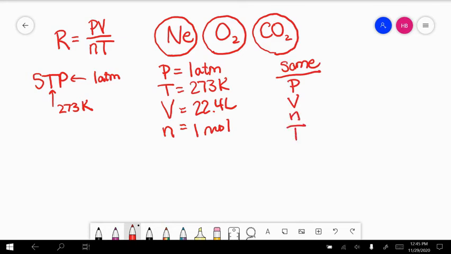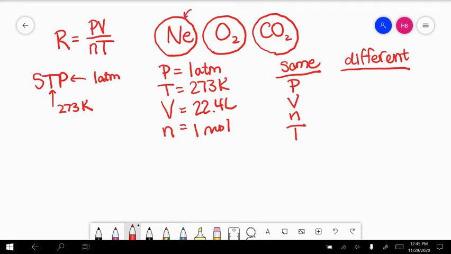But let's talk about the things that are different, because not everything is going to be the same here. There's some things that are going to be different. So what is definitely different is the molar mass.